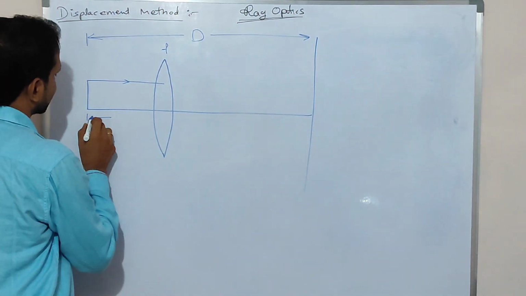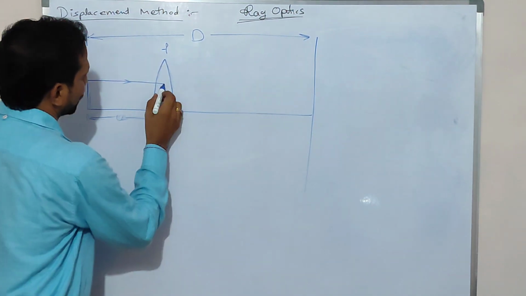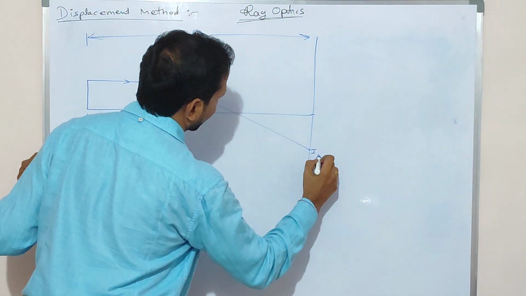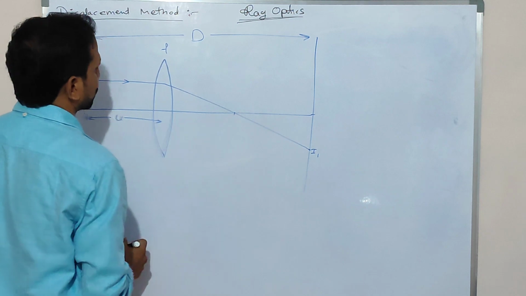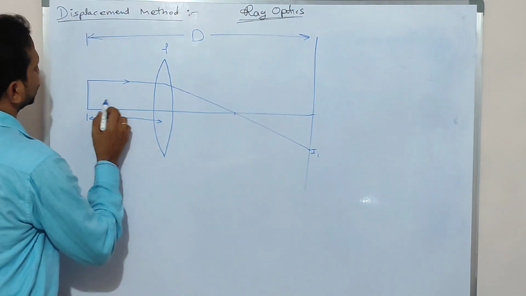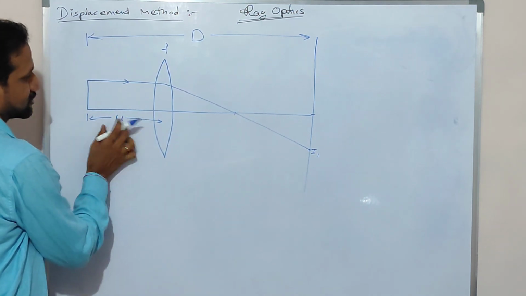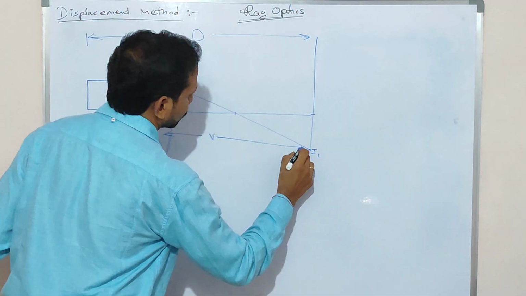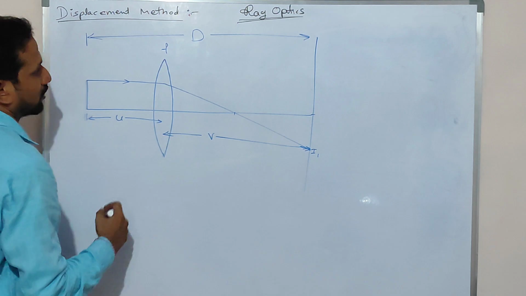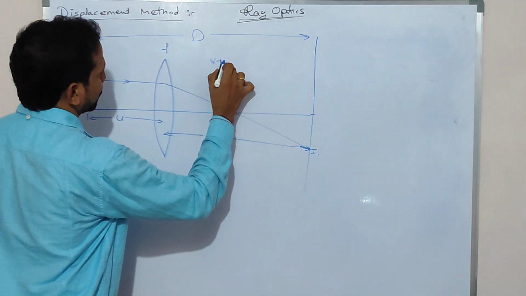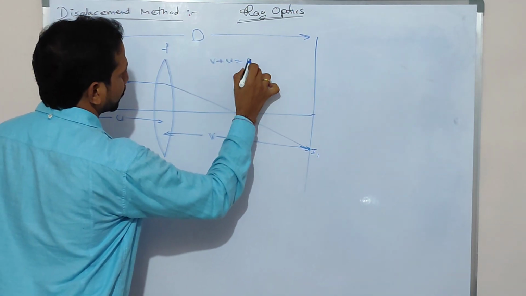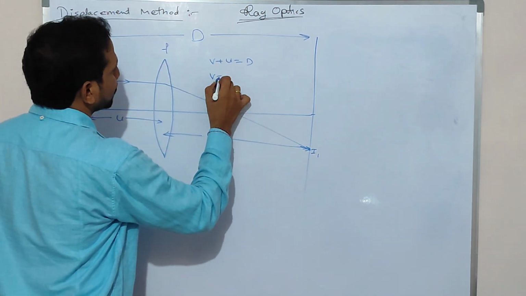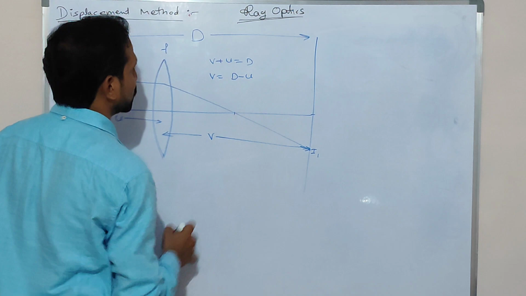Depending on this object distance, it will form an image. Let this be the I1 first image, and of course this is the focus that you know very well, and this is the object distance, and the corresponding image distance is going to be this one. What we can write here is v plus u equals d, because the total distance is fixed, and we can rewrite this as v equals d minus u.